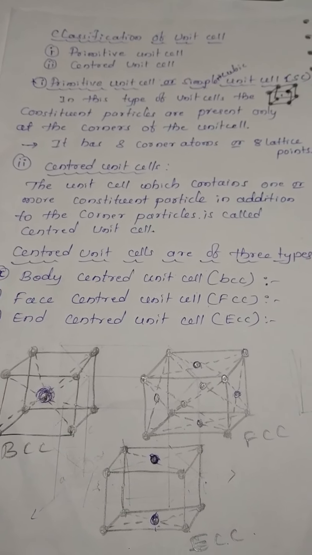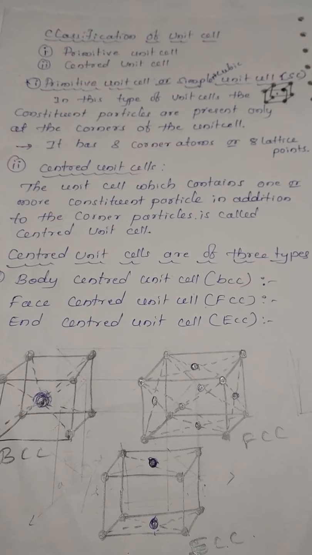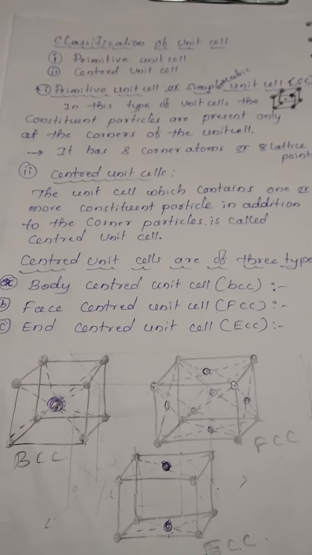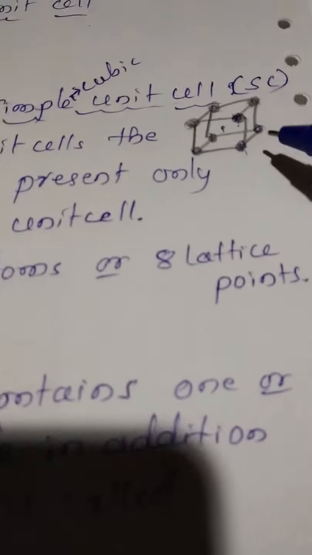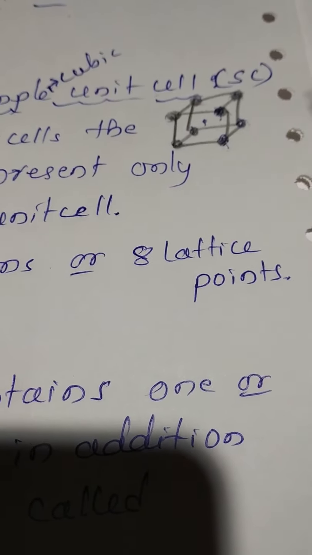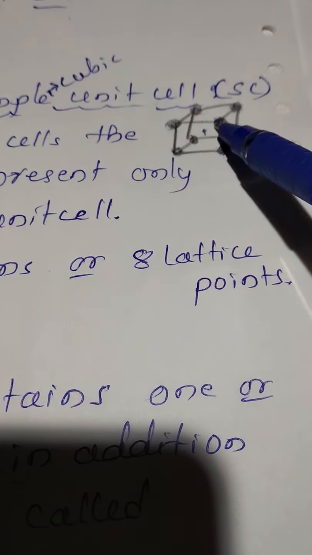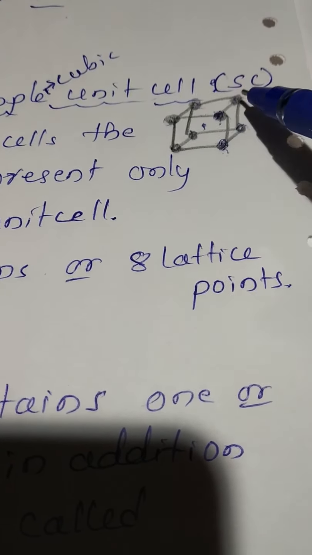Then what do you mean by primitive unit cell, or simple cubic unit cell? See here, the constituent particles are present only at the corners. See here, these are the corners.